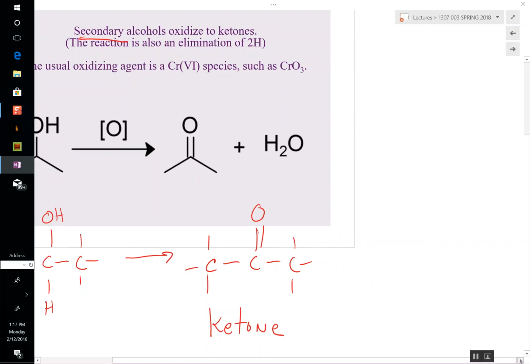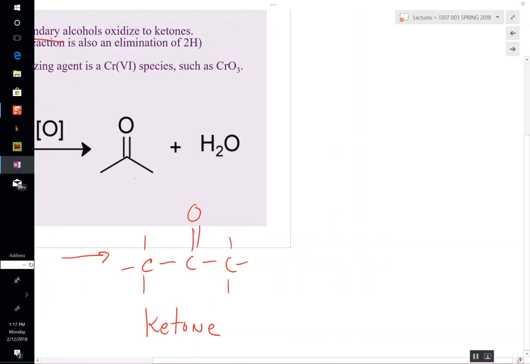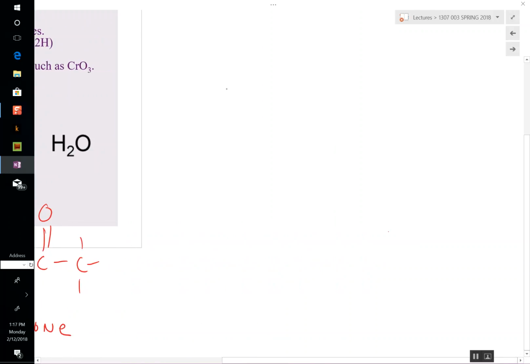All right, you with me? Everybody with me? Am I going too fast? Let's take a, I'll write the structural formula here. Let's work with this alcohol. Yeah, let's oxidize this alcohol.